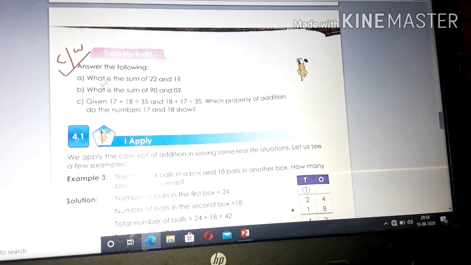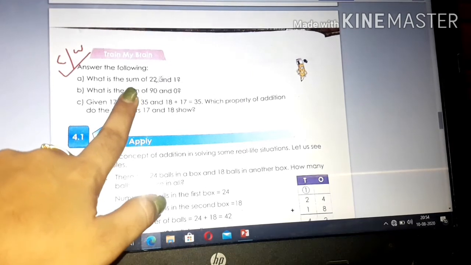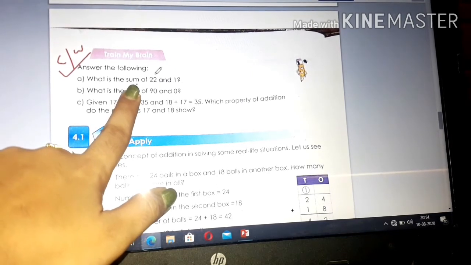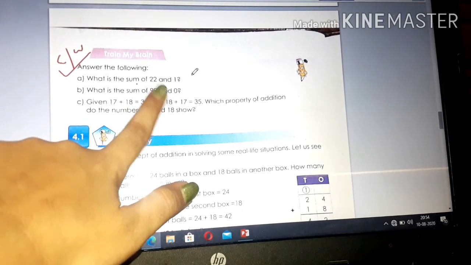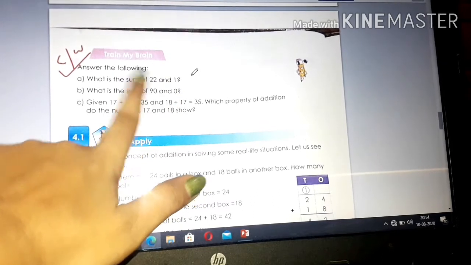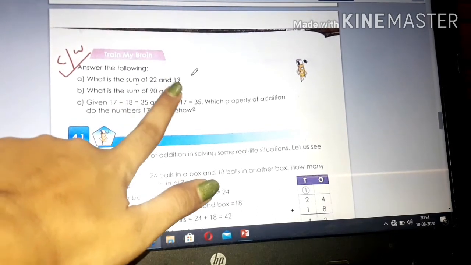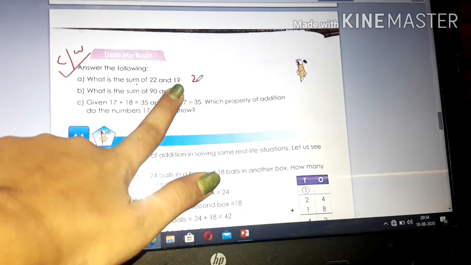This is your classwork. What is the sum of 22 and 1? Now you know, children, the word sum is used in addition, isn't it? So you know plus, you have to add 22 plus 1. So this comes under which property? Property of 1, the after number property.